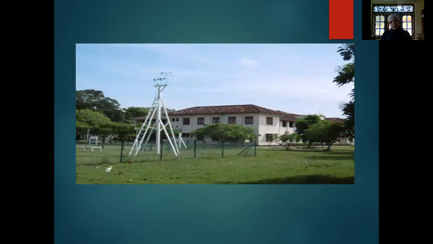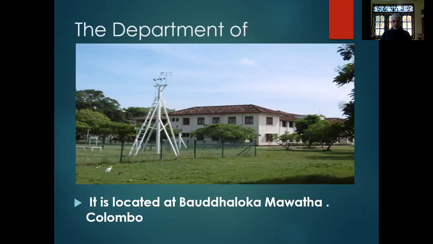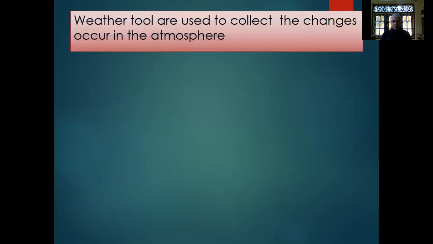Then it is a picture showing our meteorological department site located in Bauddhaloka Mawatha, Colombo 7. Weather tools are used to collect changes. Here I use the words weather tools, or sometimes you find weather equipments.